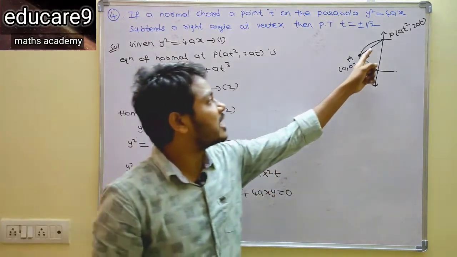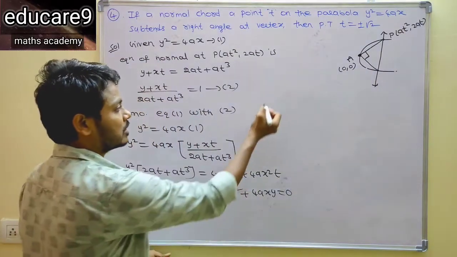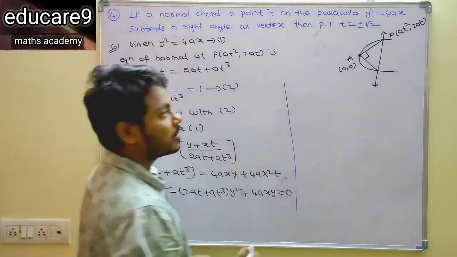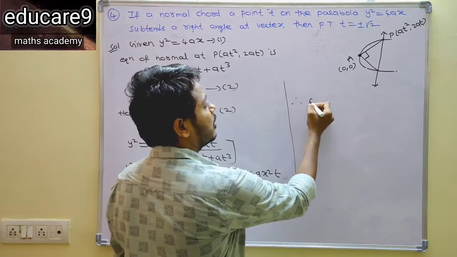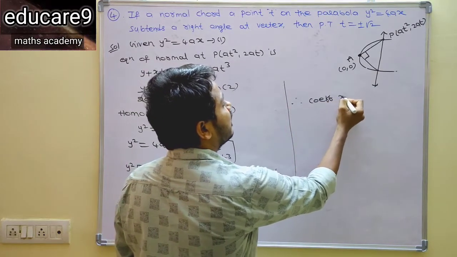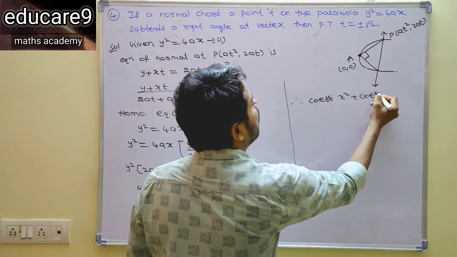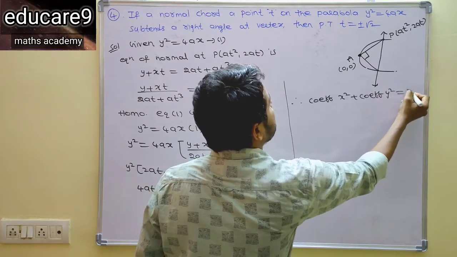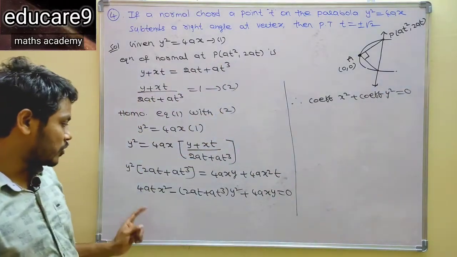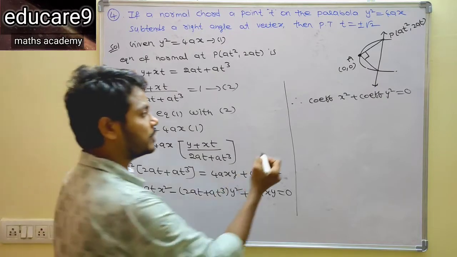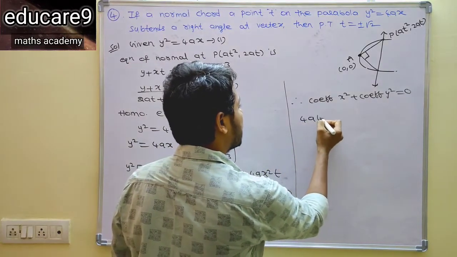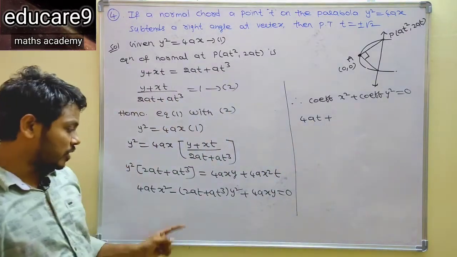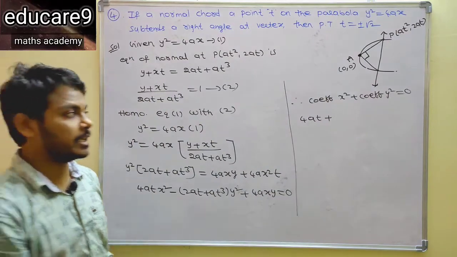See here, these lines are perpendicular. So therefore, coefficient of x square plus coefficient of y square is equal to 0. So coefficient of x square 4at, plus coefficient of y square minus 2at plus at cube.